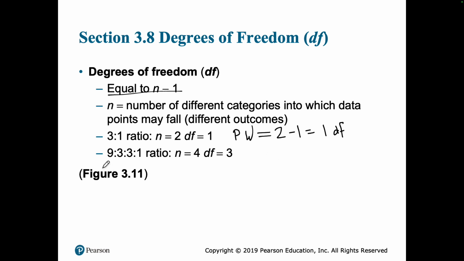But if you were comparing a dihybrid cross, where you have 4 possible phenotypic outcomes, your n is 4, minus 1 equals 3 degrees of freedom. So that's how you calculate the degrees of freedom.